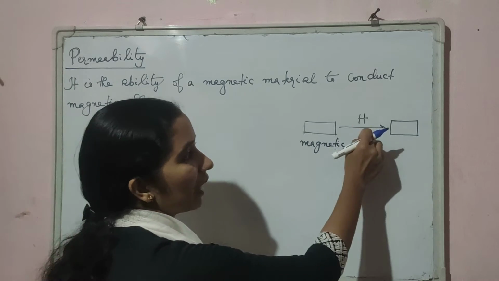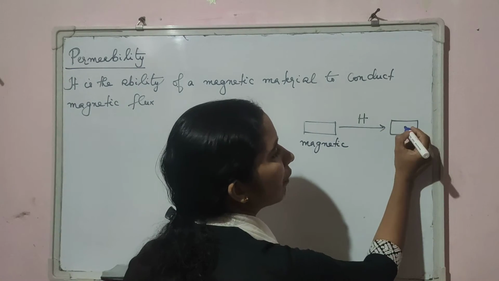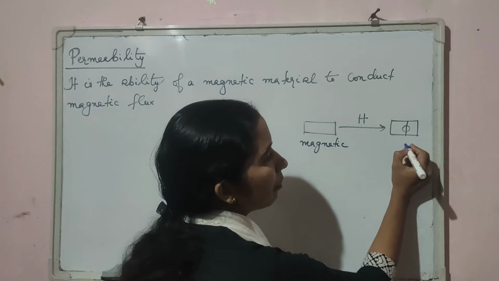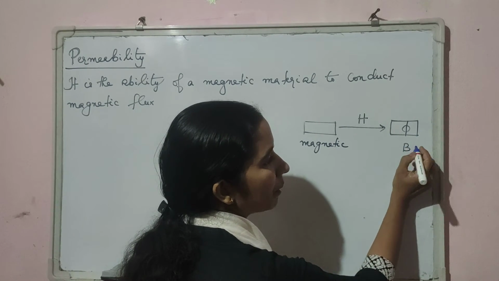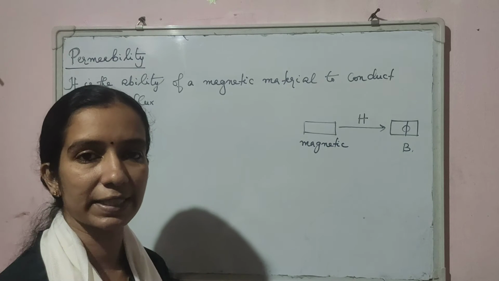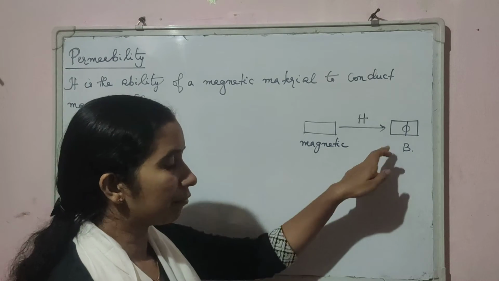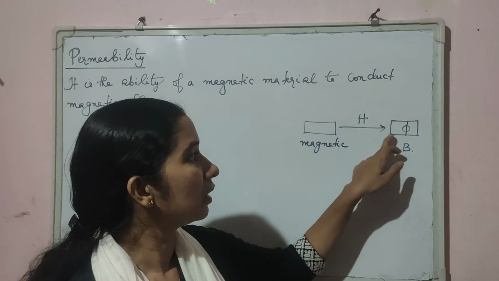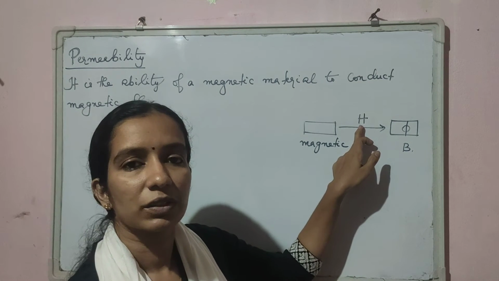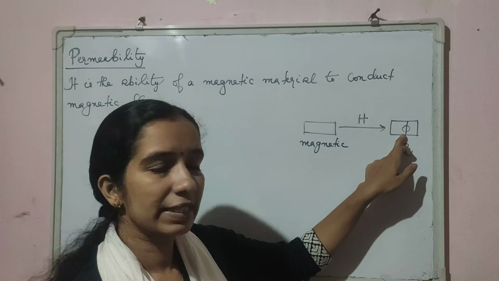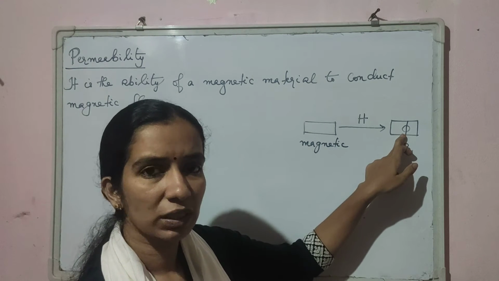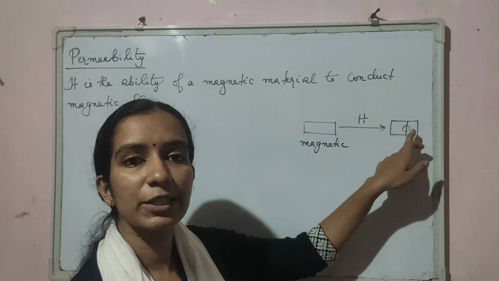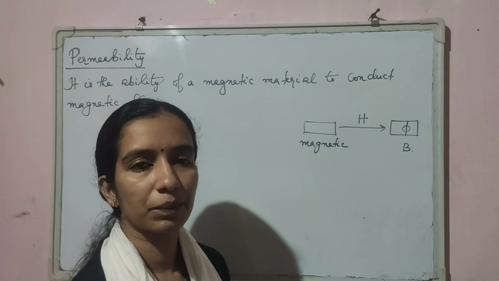Due to this magnetizing force H, a flux will be set up in this particular material, and there will be a flux density also. The flux per unit area is known as flux density. The flux set up in this material will depend on the force with which the other material tries to magnetize it.